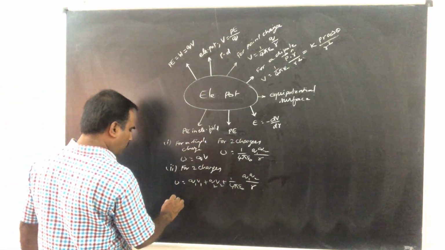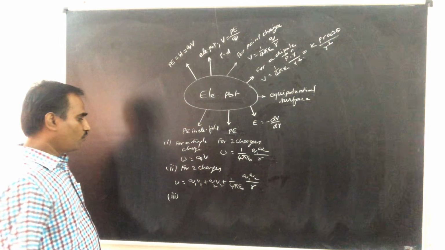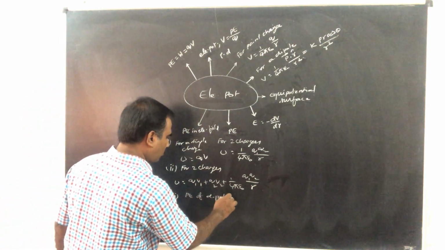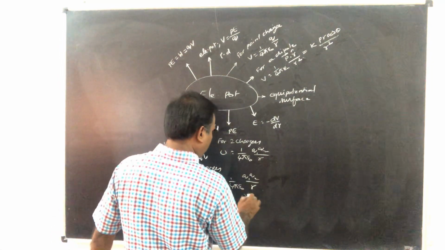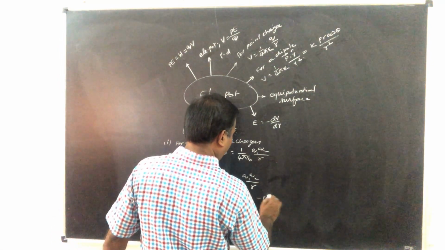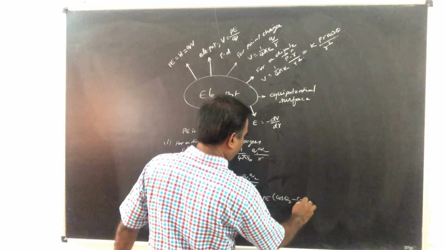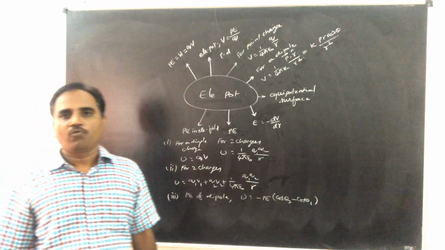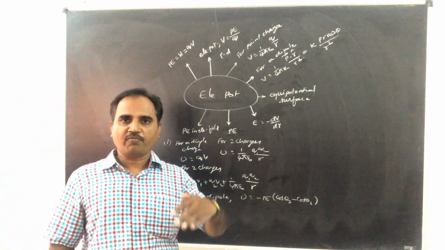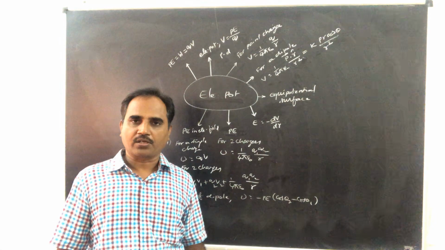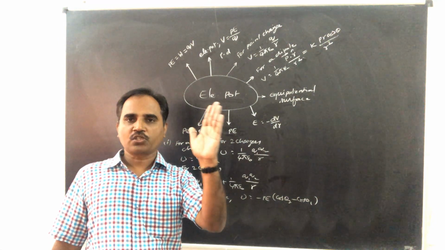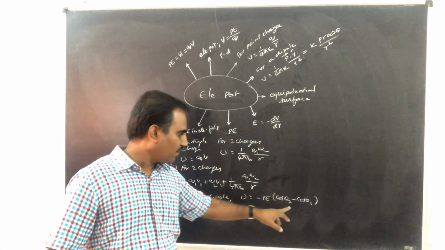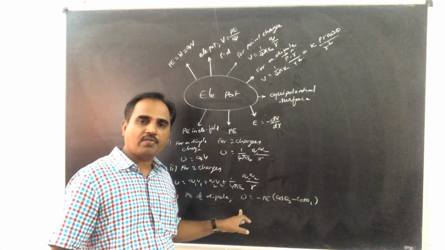So here you also found the potential energy of a dipole. So U is equal to minus PE cos theta 2 minus cos theta 1. When the dipole is rotated from an angle theta 1 to theta 2 in the electric field, this is the equation.